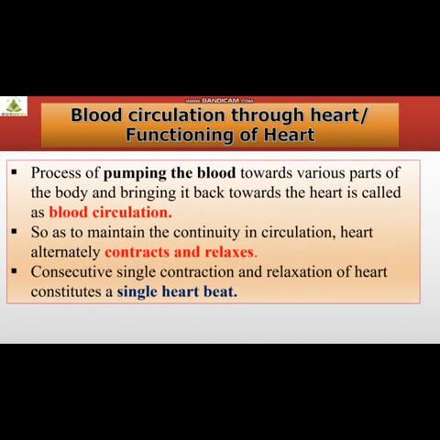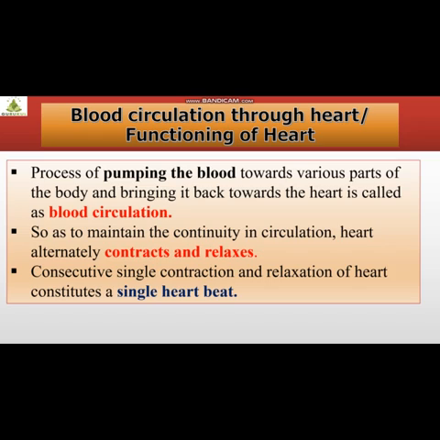Students, what is blood circulation? Pumping of blood towards various parts of the body and bringing it back towards the heart is called blood circulation. Simple, pumping of blood takes place in to and fro manner. Now, to maintain the continuity in the circulation, the heart has to pump, which means it has to contract and relax alternatively.